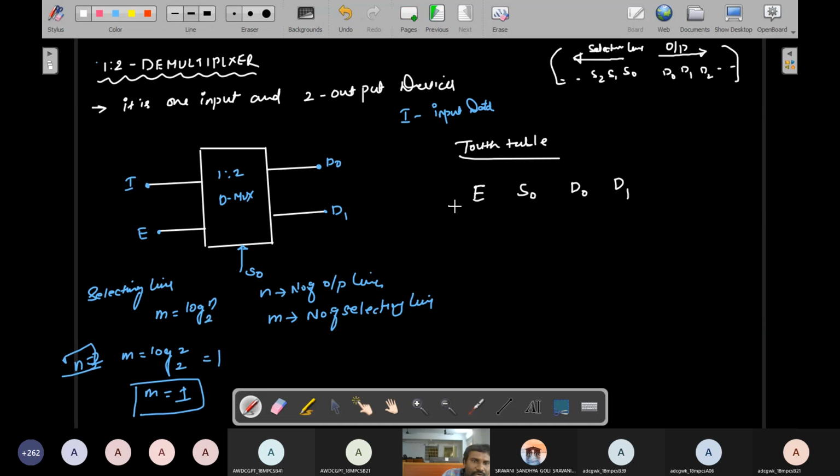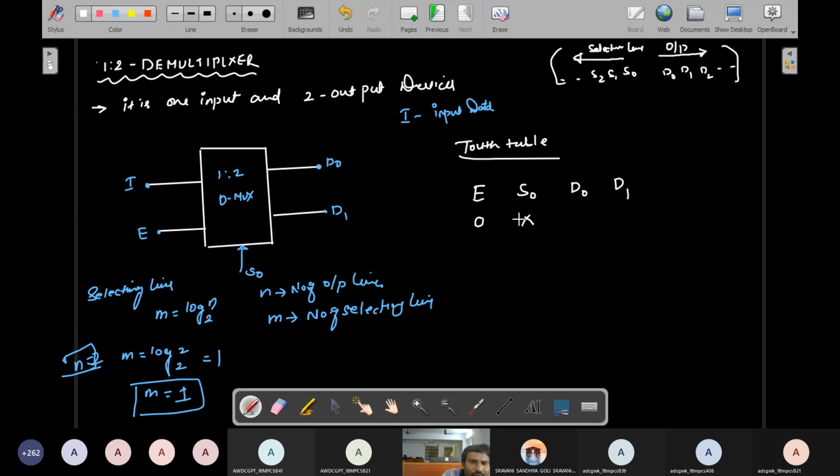E is equal to 0 right now. Enable 0 means the multiplexer is completely in the off state. If the multiplexer is off, we consider the selecting input a don't care condition, because there is no use of selecting when it is switched off.